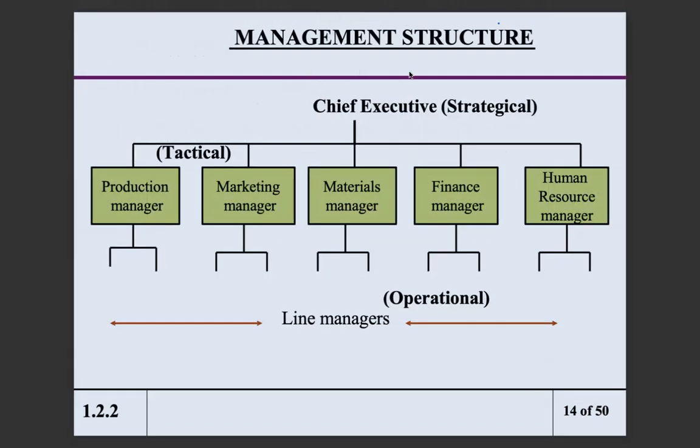Now we have the management structure. At the bottom, we have line managers, who handle the operational information. On top of that, we have the people handling tactical information: product managers, marketing managers, material managers, finance managers, and the human resource managers as well.